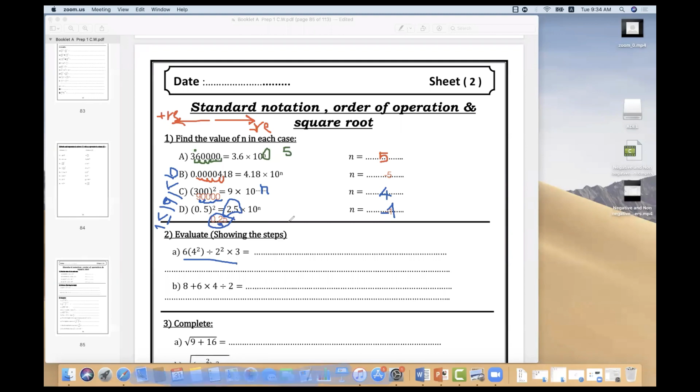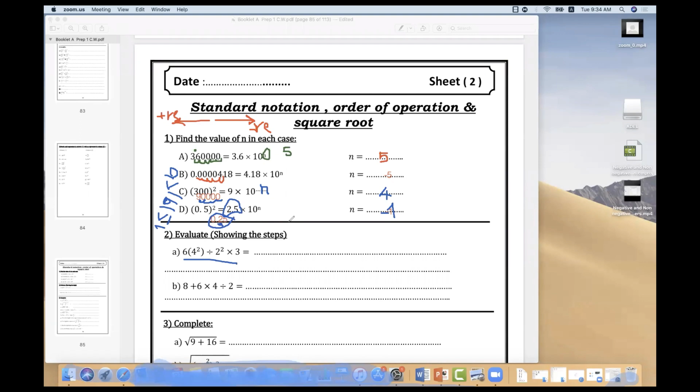After the brackets, I have to solve the powers, or the opposite of powers, like the root. Yes, the root, because the root is also a power, but with a negative power.